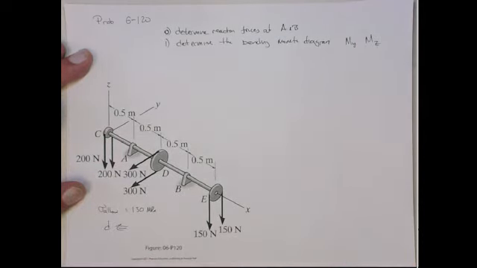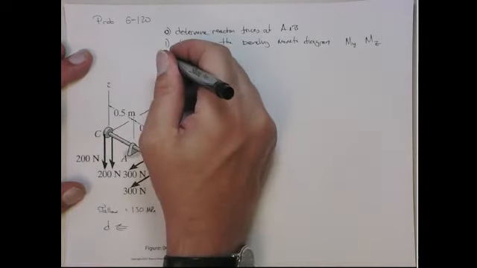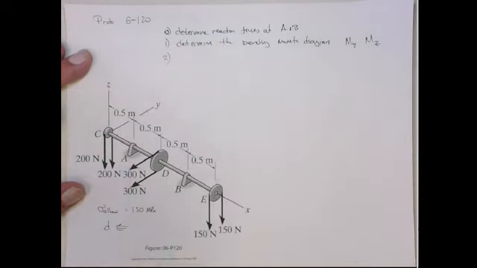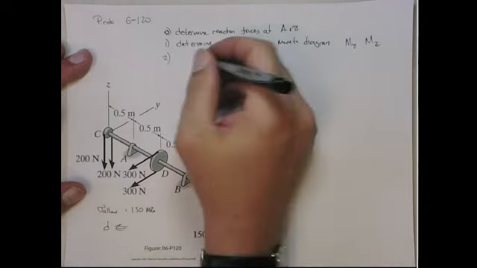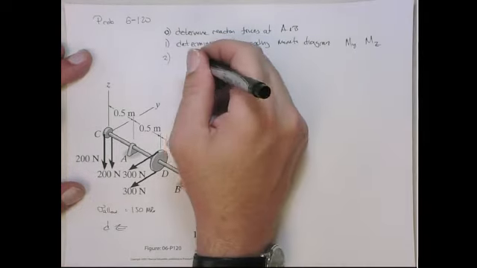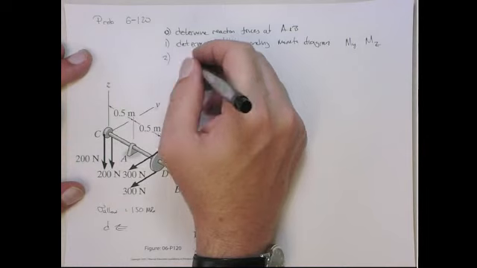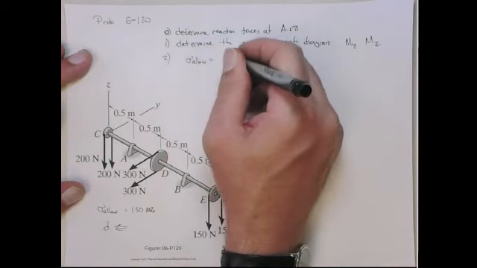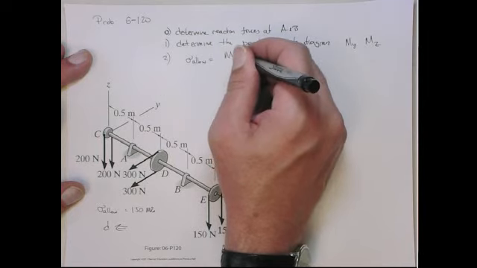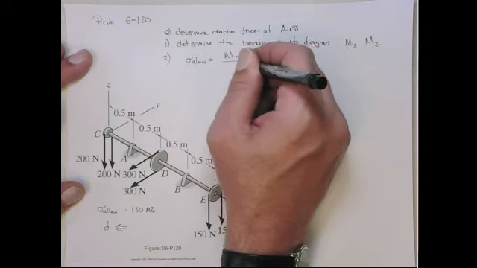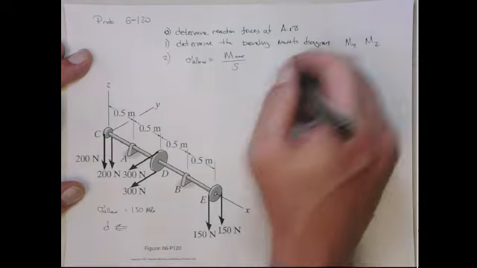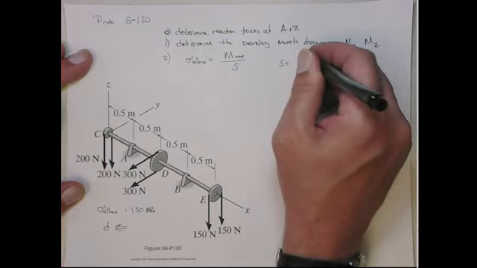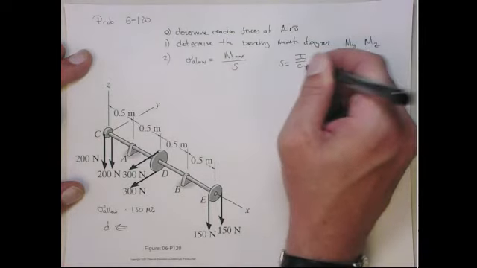All right? Once we know that, we'll have to use that to figure out which points have the maximum stress, and then use that in the design equation, where S is equal to I over C. That's the shape factor.